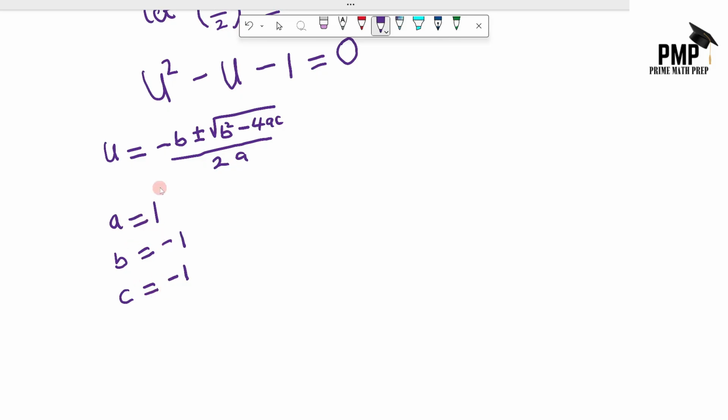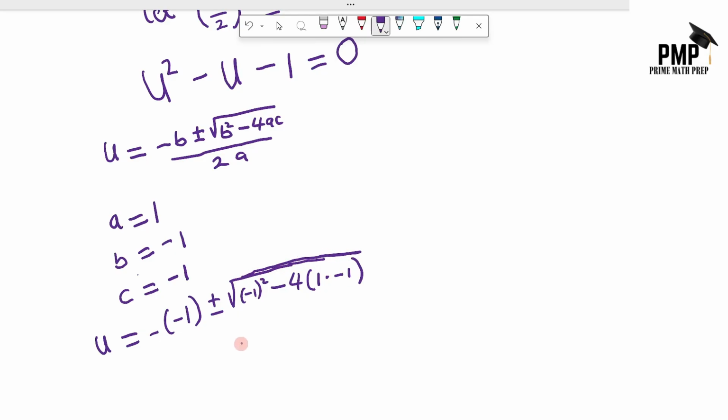We'll substitute all this into our quadratic formula. It will now be u equal to minus negative 1 plus or minus the root of negative 1 squared minus 4 multiplied by a, which is 1, multiplied by negative 1, all over 2 multiplied by 1.